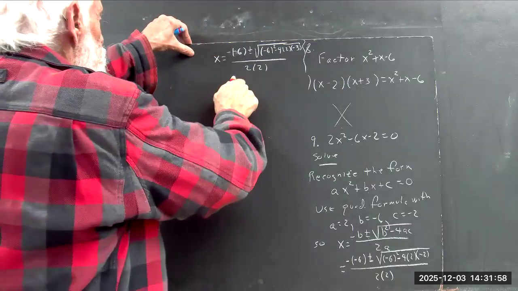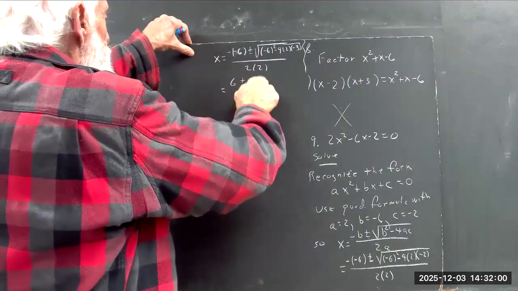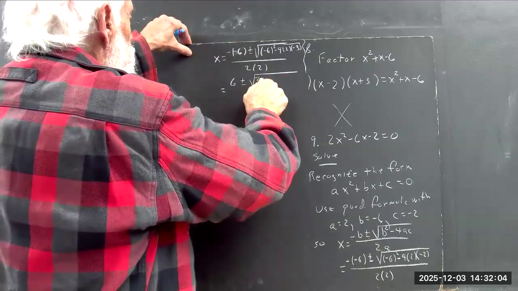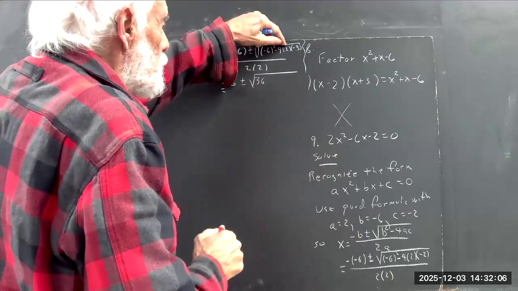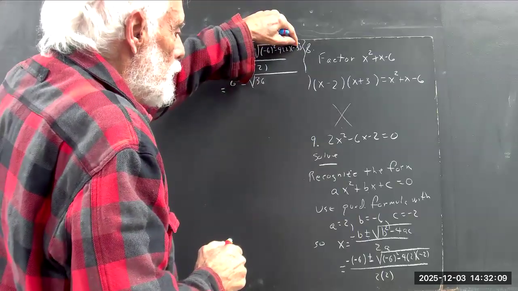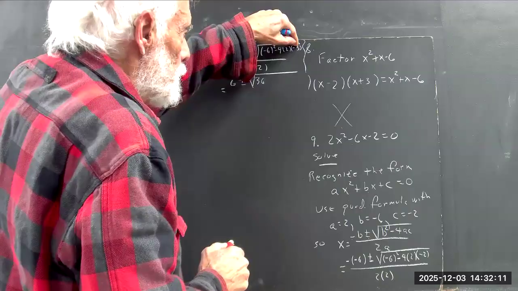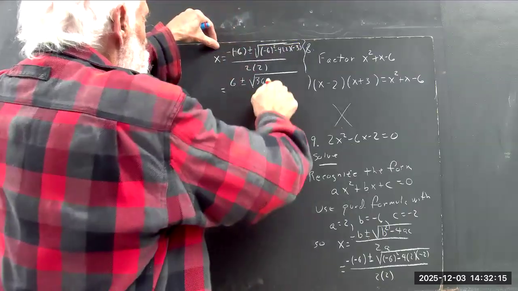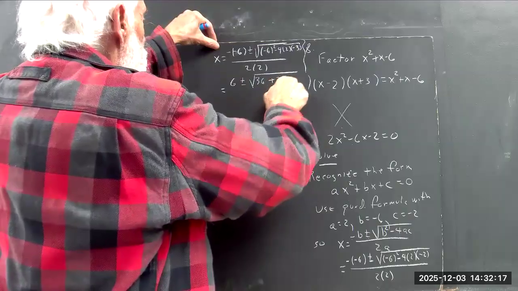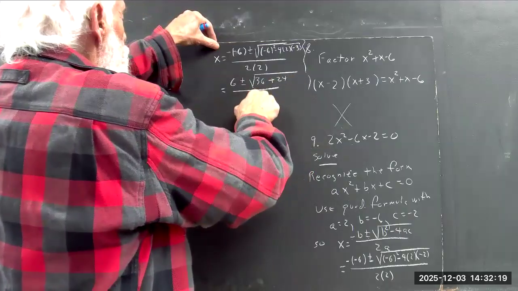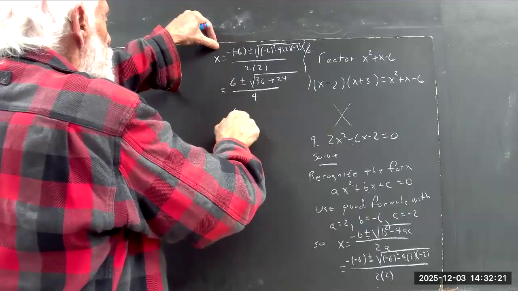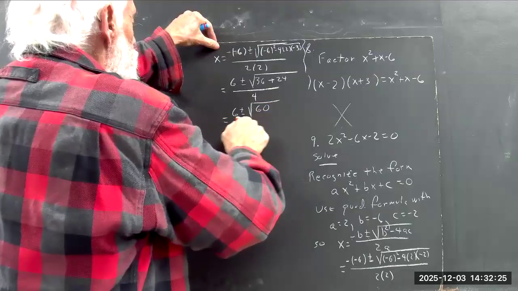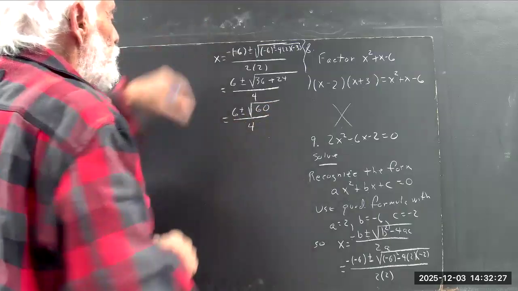Negative of -6 is 6. Square -6, we get 36. 4 times 2 is 8, times 2 is 16. And we have a negative and a negative, so that's plus 16 divided by 4. 36 and 16 is 52.